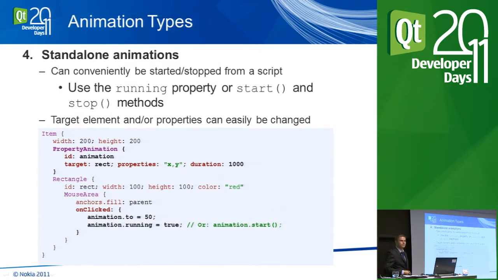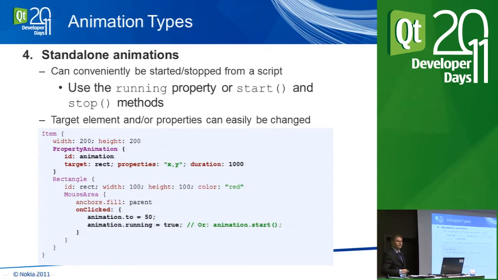Okay, a bit more general, standalone animation here, a property animation in this case. And now we give the animation an ID. So we are just adding more fields to the same elements.